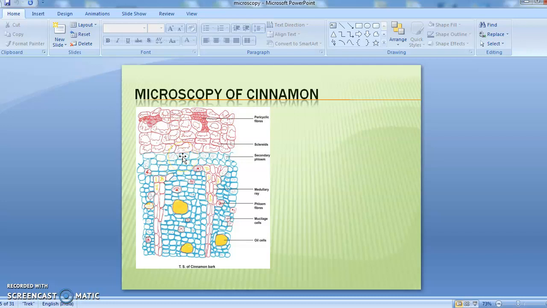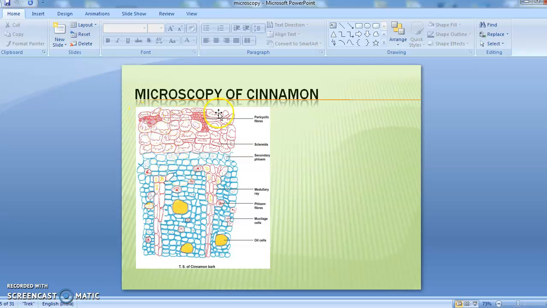The cortex is made up of 10 to 15 layers of parenchyma. Then there are scattered sclereids. Each sclereid is rectangular and pitted. Some of the parenchymatous cells contain minute acicular raphides and abundant starch grains.